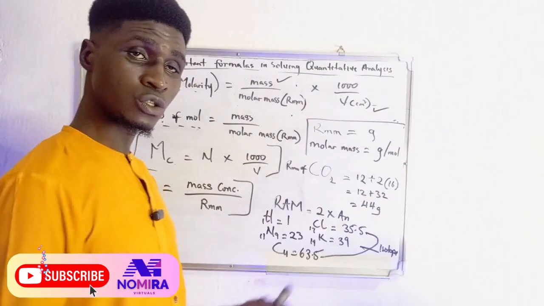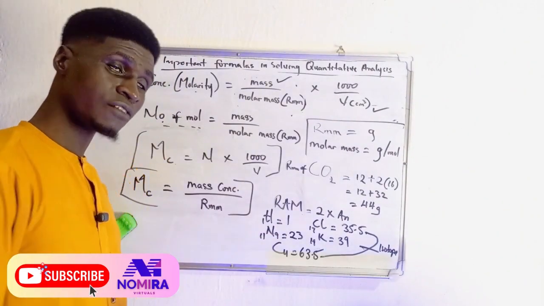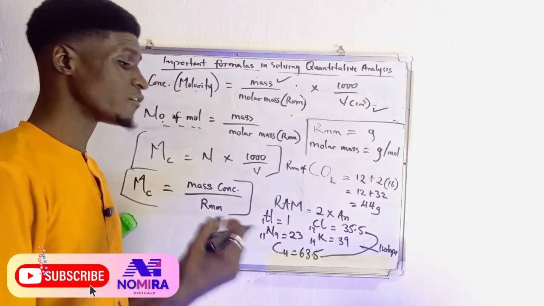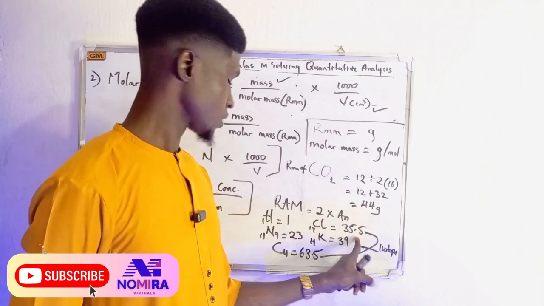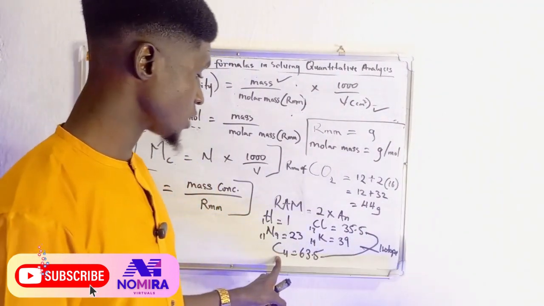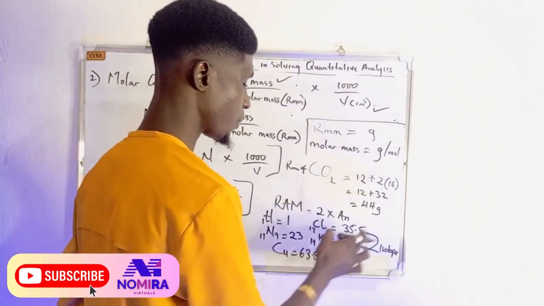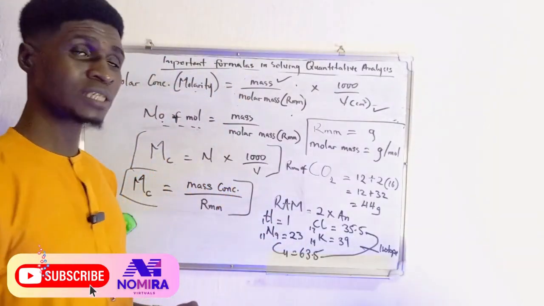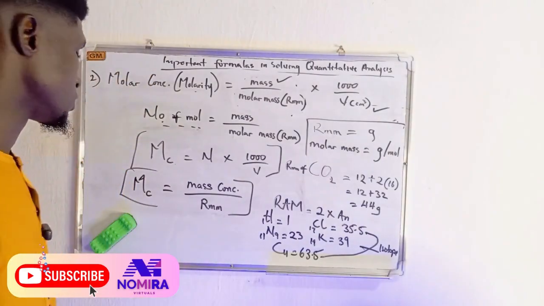Chlorine has isotopes, so when you add their isotopes and divide by the average, you get an average number with a decimal point. The same thing happens to copper. Copper has isotopes. So the reason why they form decimal points in their relative atomic mass is because they have isotopic mixtures. Okay, so that is that.